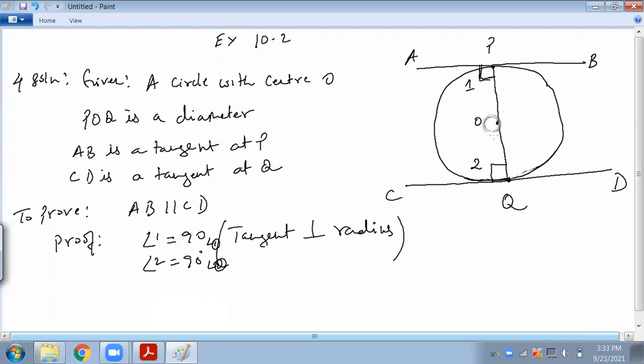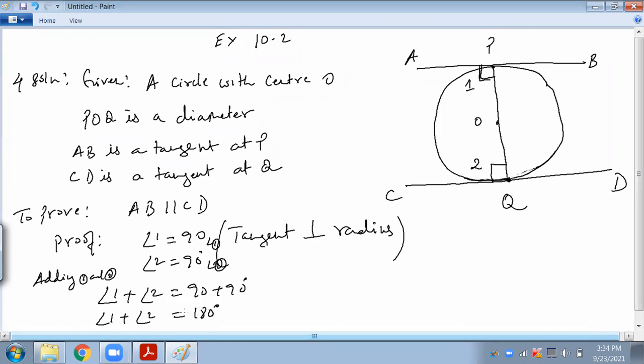Okay, now we know angle 1 is 90, angle 2 is 90. So now let's take the sum of these two co-interior angles. Angle 1 plus angle 2 will be what? 90 plus 90. Angle 1 is 90, why?